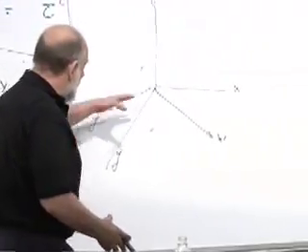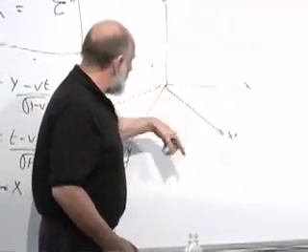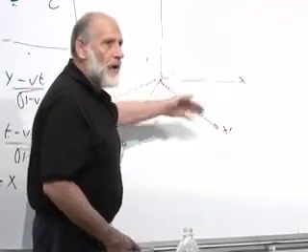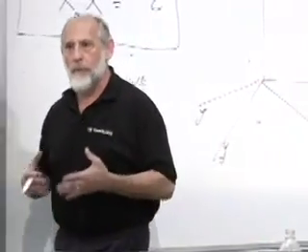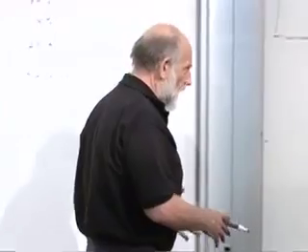By compounding together rotations of space with Lorentz transformations along one axis, you can construct all of the possible frames of reference moving relative to each other with uniform velocity.